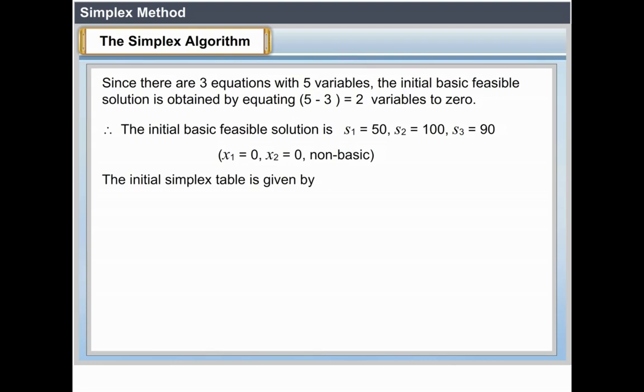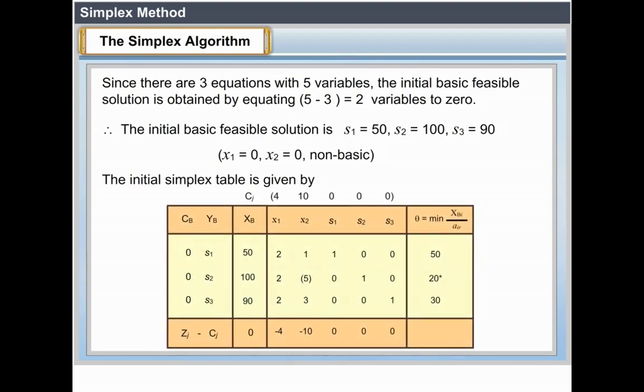The initial simplex table is given by CB, YB, XB, X1, X2, S1, S2, S3 and then theta. In the table, the S1 row is obtained from the first constraint, S2 from the second constraint, S3 from the third constraint, and Cj from the objective function.